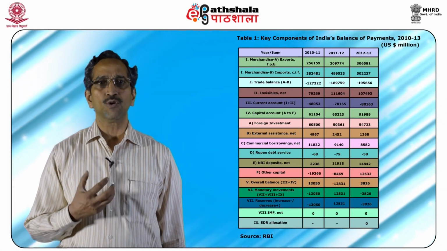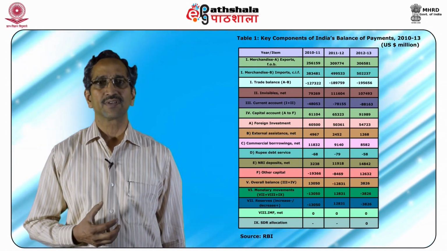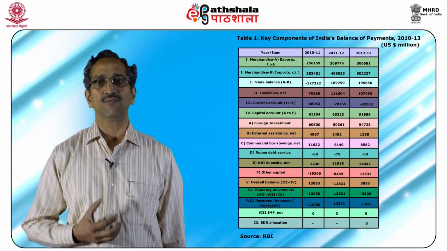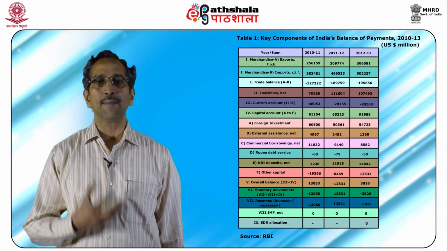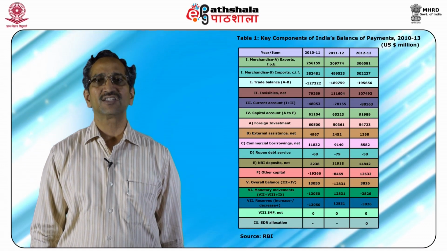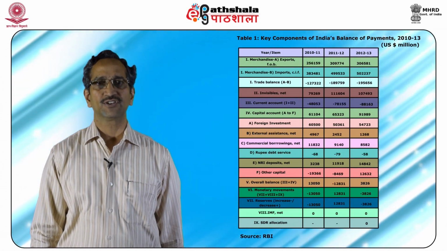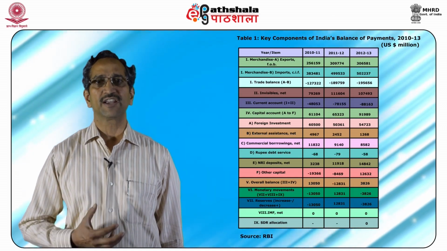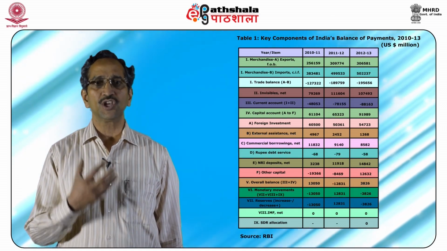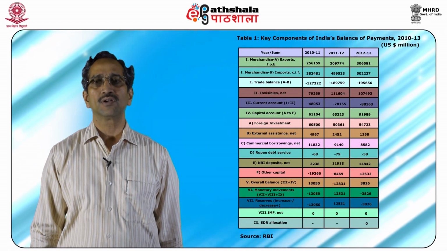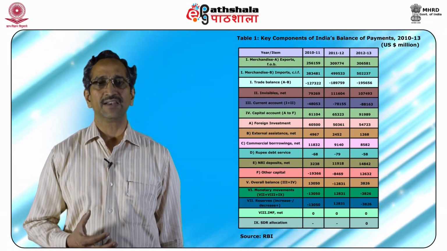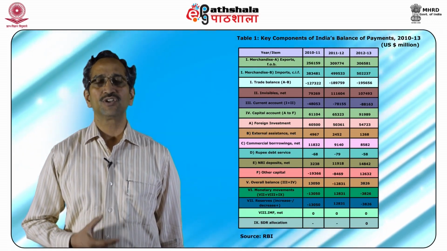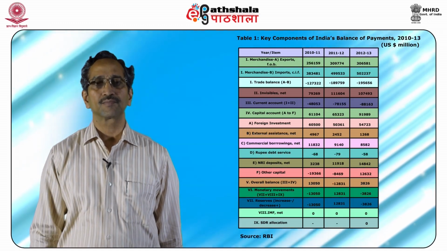The positive overall balance has resulted in 2010-11 and 2012-13 as capital account surplus exceeds current account deficit. As a result, there is an increase in the foreign exchange reserves by the same amount, which is shown by a negative sign in reserves, which is item 7 in the table.